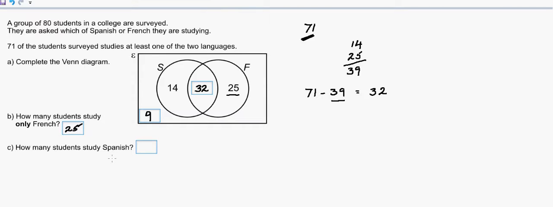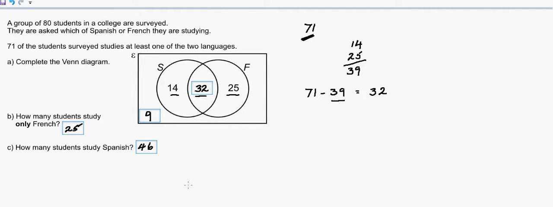Now it doesn't say only Spanish, it says studies Spanish. So that would be the 14 and the 32, because even though these 32 people are studying French, they are also studying Spanish as well. So 32 plus 14 gives us 46.